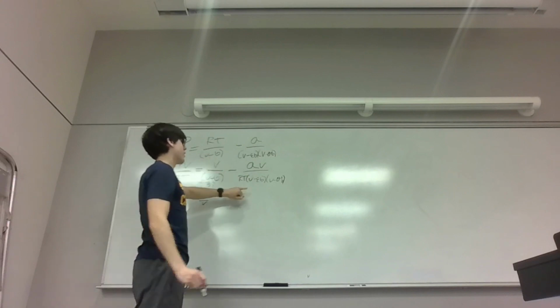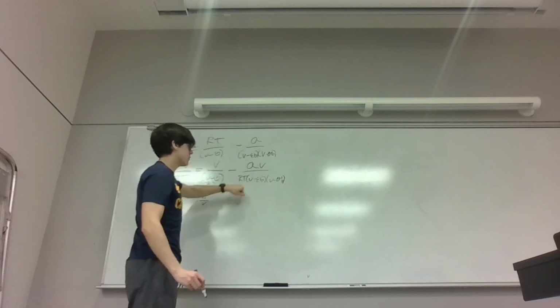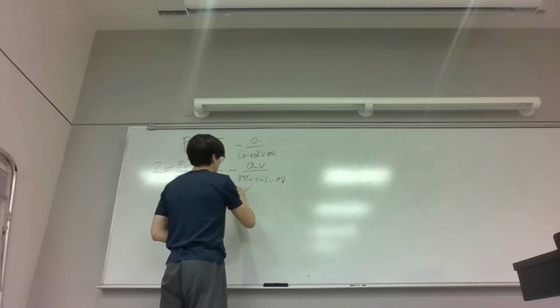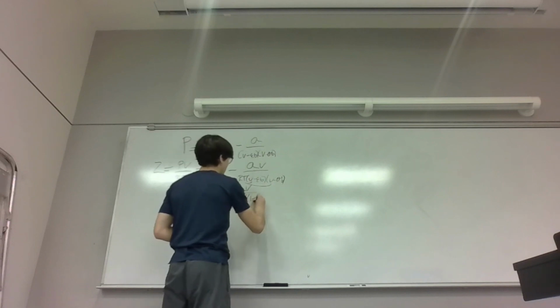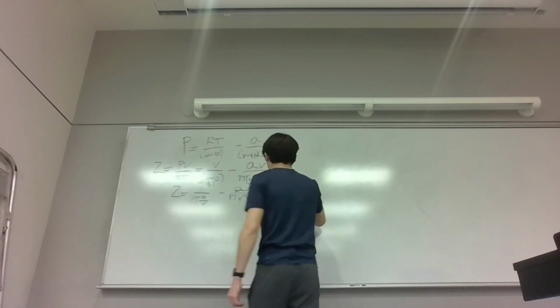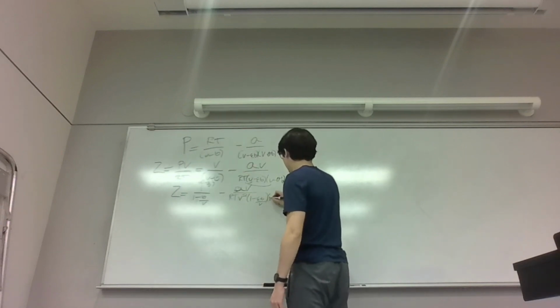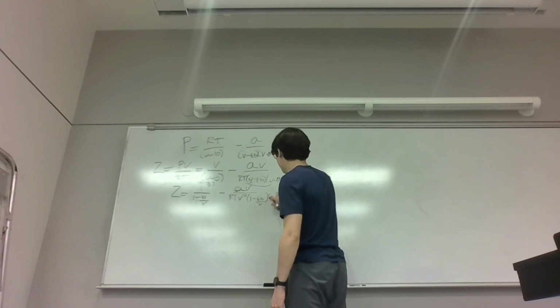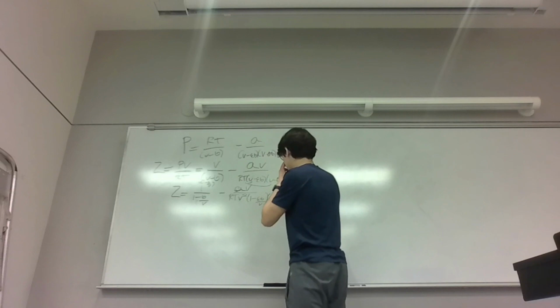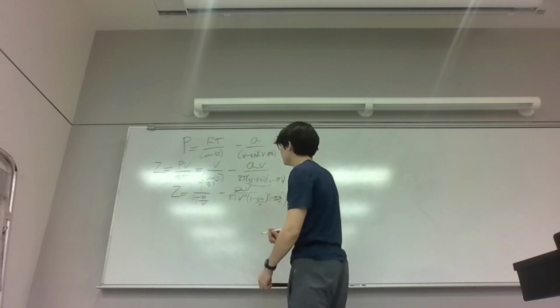And then on this side, we can pull a V out of both terms. We'll be left with aV over RT V squared, because we're pulling both these V's out, V squared times (1 minus epsilon b over V) times (1 minus omega b over V).